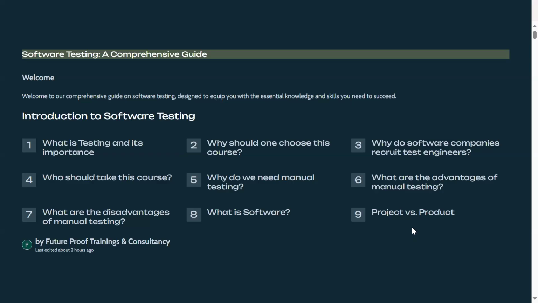For example, MNC companies often get projects from different clients in the USA or from Indian government agencies. This is known as a project or an application, which is specific to the client's use.